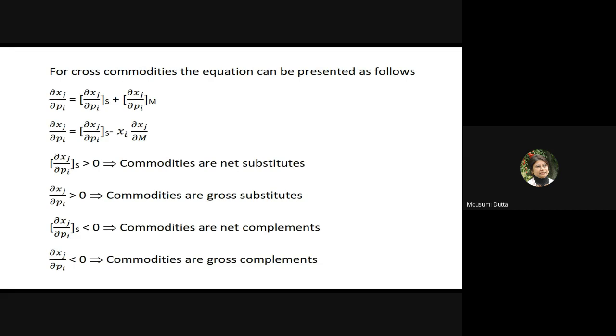On the other hand, del xj by del pi less than 0, that is the total effect is less than 0, implies commodities are gross complements.